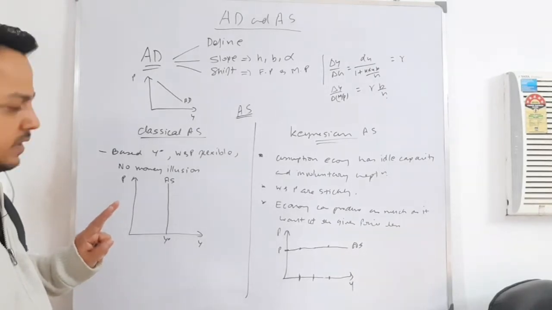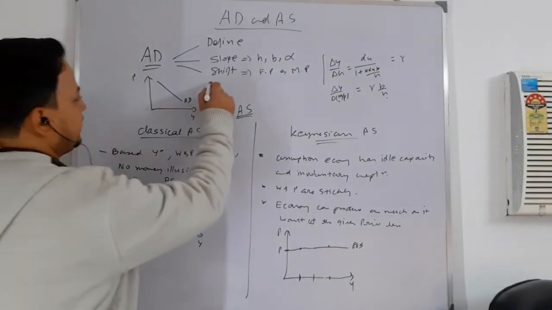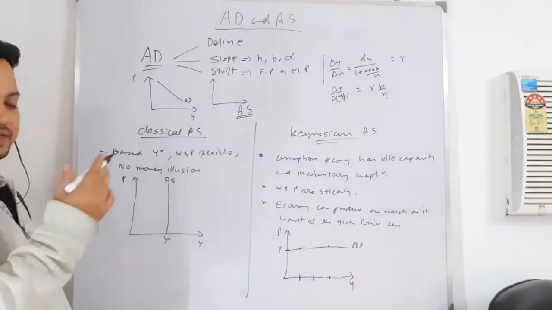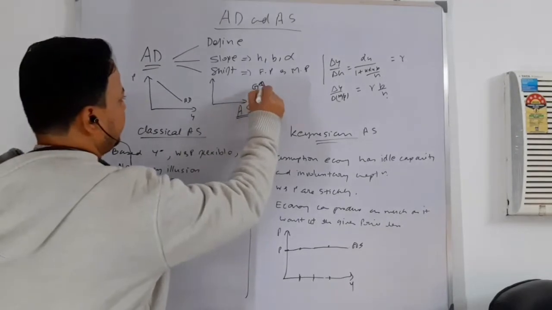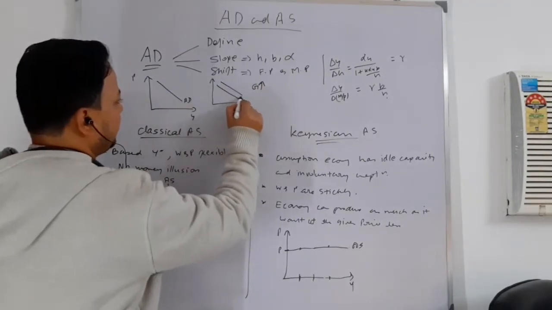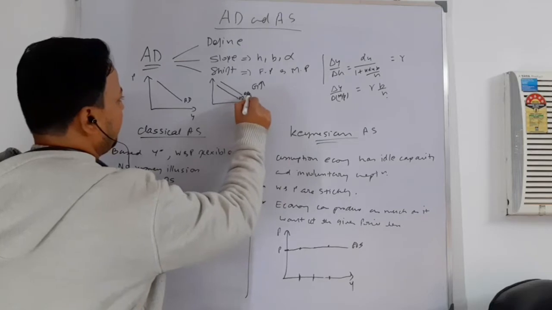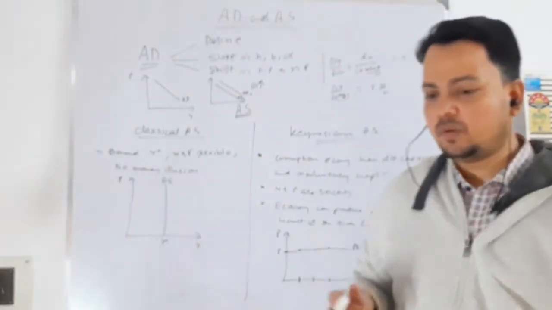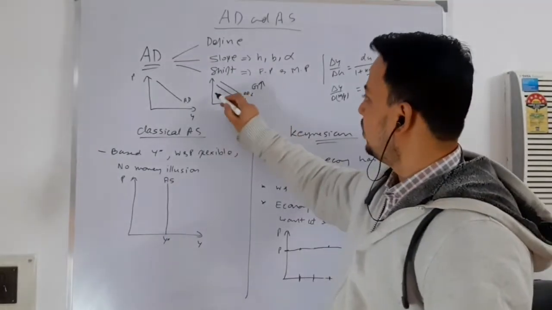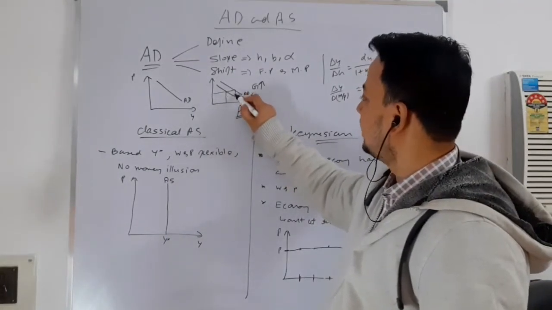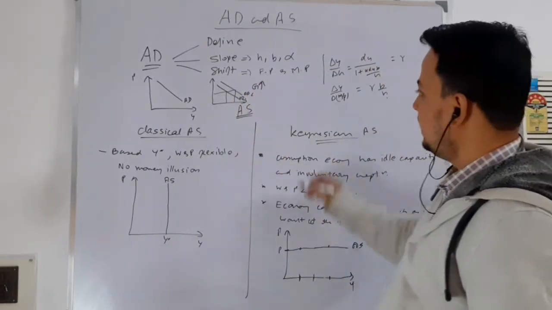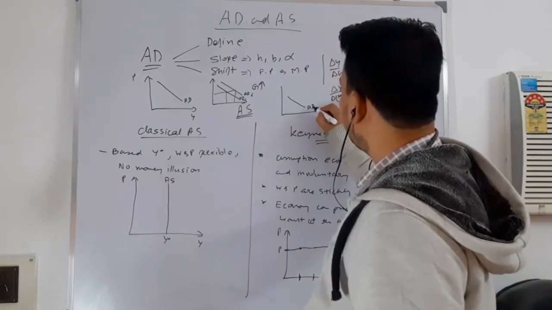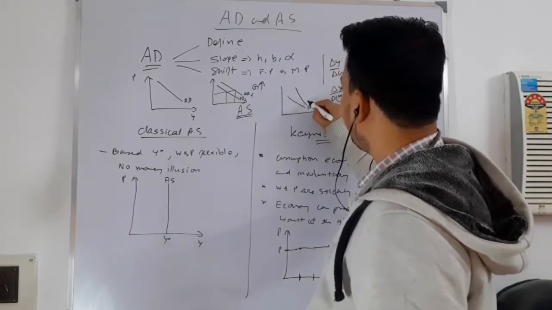In the case of fiscal policy, when there is an increase in government expenditure, G increases, and the aggregate demand curve will shift parallel from AD1 to AD2. When the government increases its expenditure, for the same price level the aggregate demand curve will shift parallel. But in the case of monetary policy, aggregate demand will not shift in parallel, it will shift in a non-proportional way.